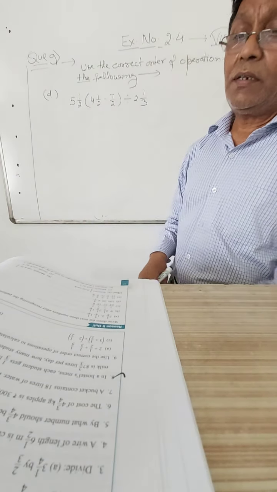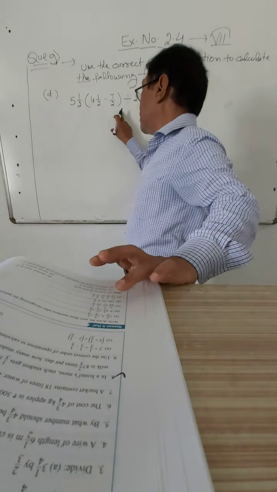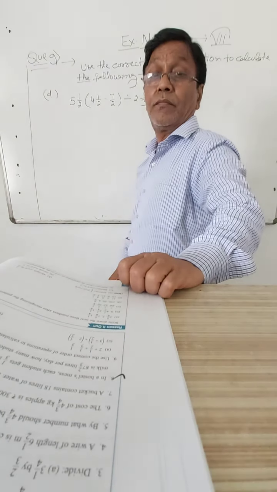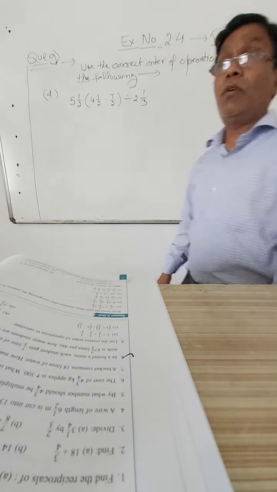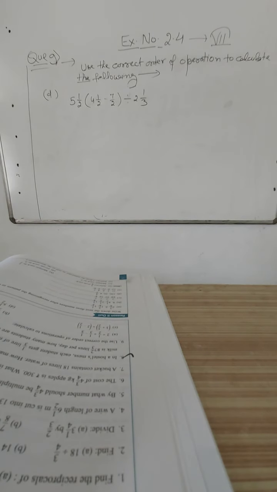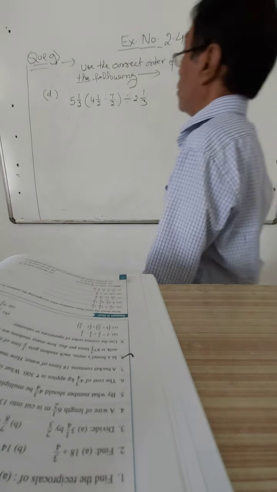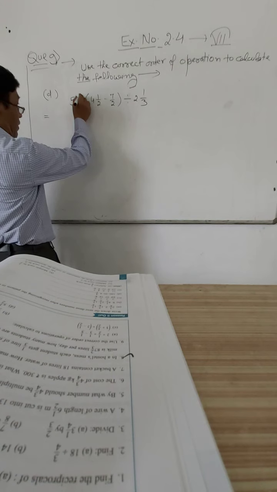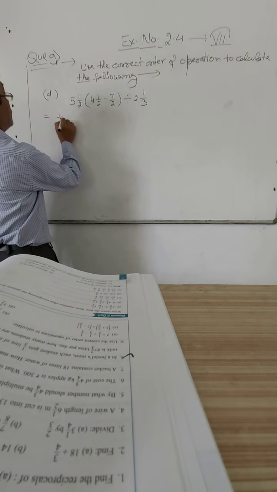In this one there is bracket, multiplication, subtraction and division. So according to the rule, first we will convert the mixed fractions. So you can write 2 times 5 is 10 plus 1, 11 by 2.